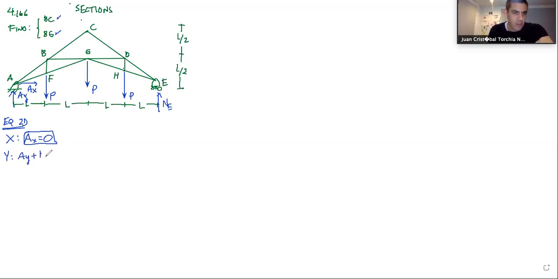AY plus the normal at E should be equal, maybe you see it, well, let me just put minus P, and minus P, okay? So equals to 0 because all of these guys are going down. Therefore, I have for this equation that AY plus NE should be equal to 3P, okay? So maybe not that complicated, but that's how it is.